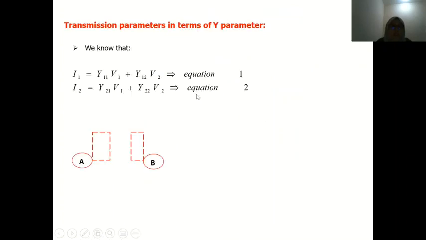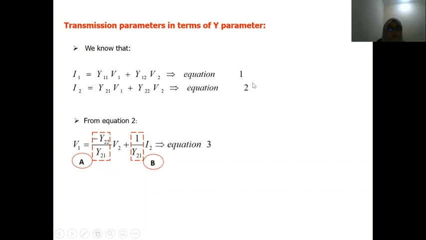Now is your transmission parameter in terms of Y parameter. So we get back your Y parameter general equation. I1 is equal to Y11 V1 plus Y12 V2, and I2 is equivalent to Y21 V1 plus Y22 V2.